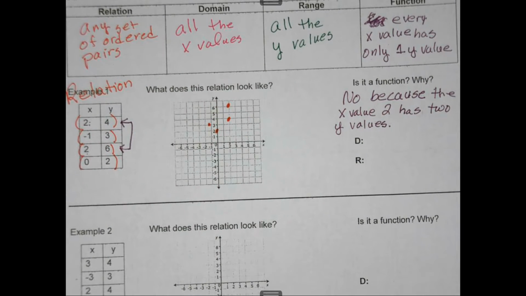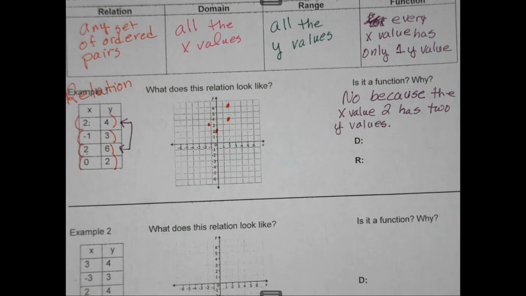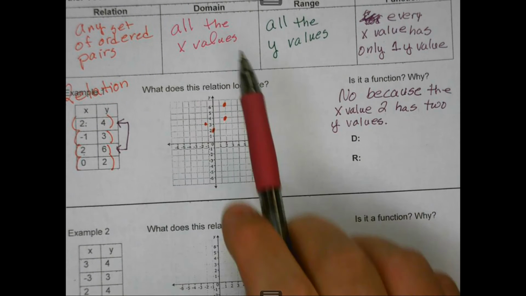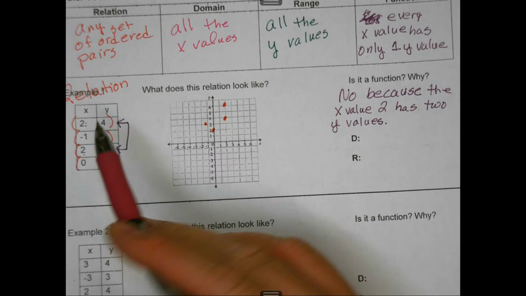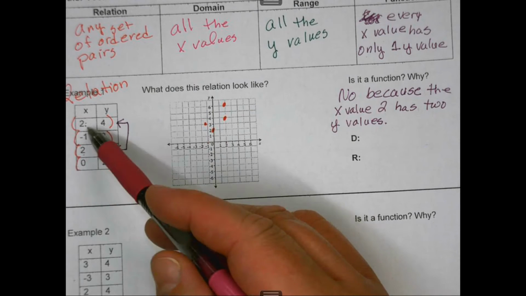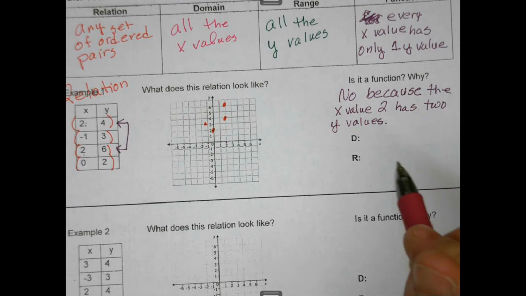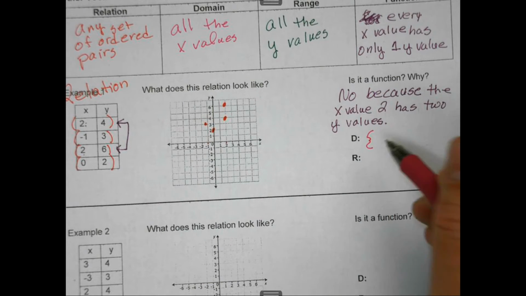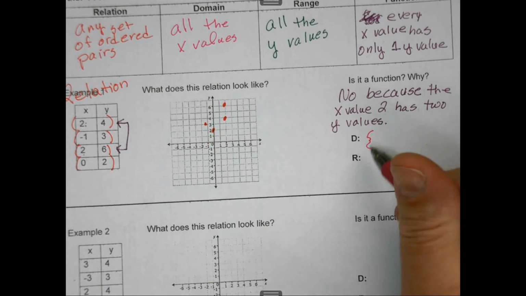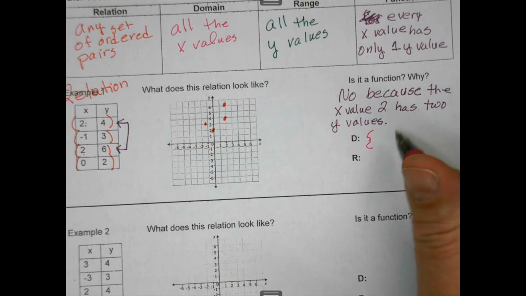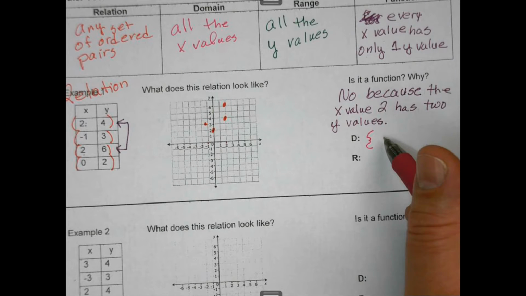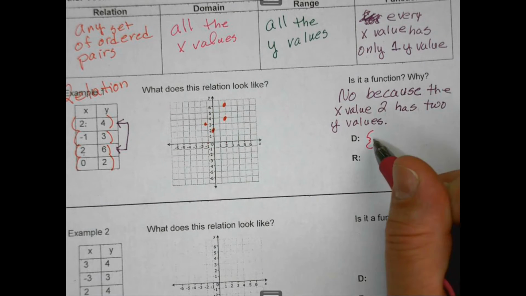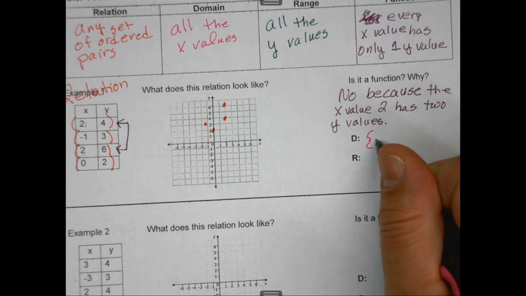Okay, now I'm going to write the domain and range here. Now, the domain, remember, is the set of all the x values, and this time it's just points here. So I'm going to use set braces, those curly brackets. And it's going to have the set of numbers, and normally we put them from lowest to highest. So I have the set -1.